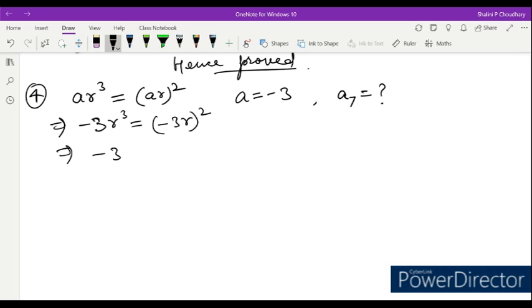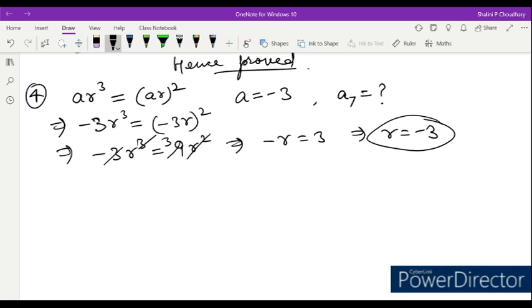So minus 3r cube will be equal to 9r square. Okay, so this will be equal to minus r cube. So r square we can remove from both sides. Okay, so what we'll get, minus r equals 3. It means r will be equal to minus 3.